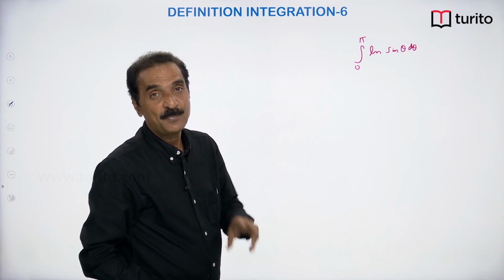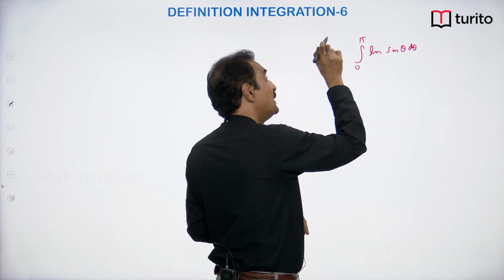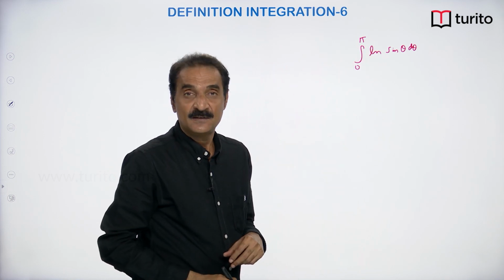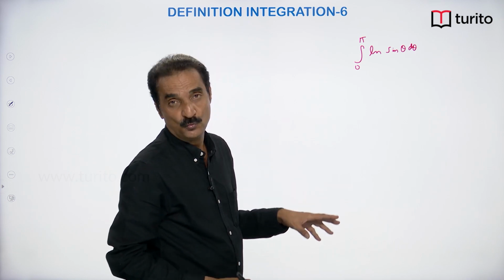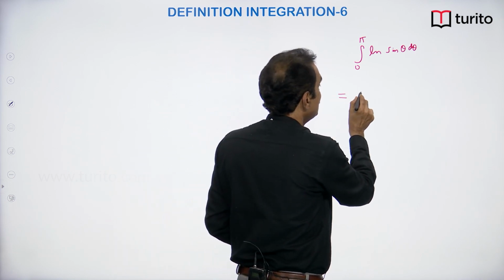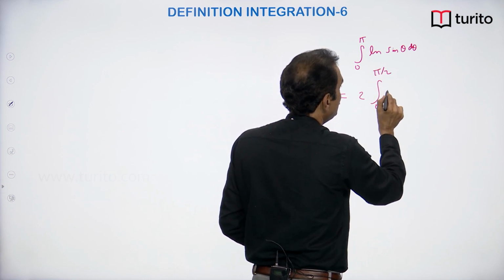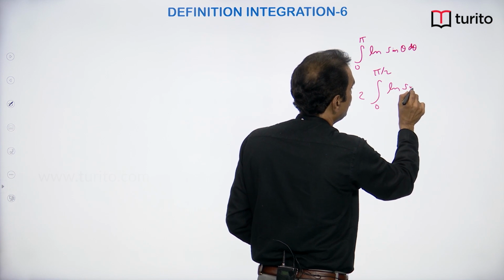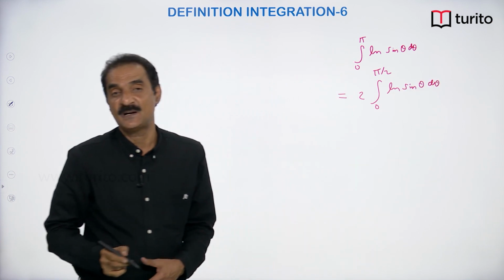Then we can apply a property. What property? You can divide the upper limit by 2 and multiply the integral by 2. So, you can write this as 2 integral 0 to pi by 2 log sin theta d theta.